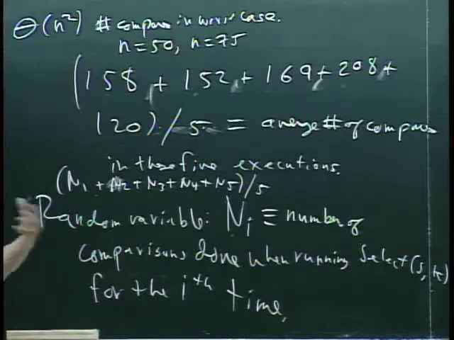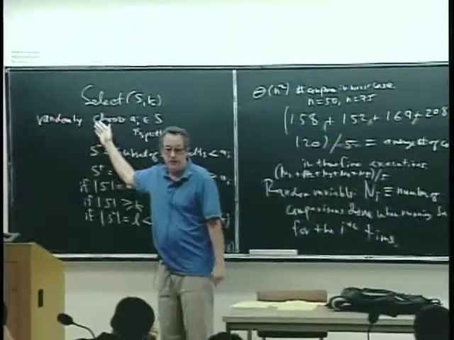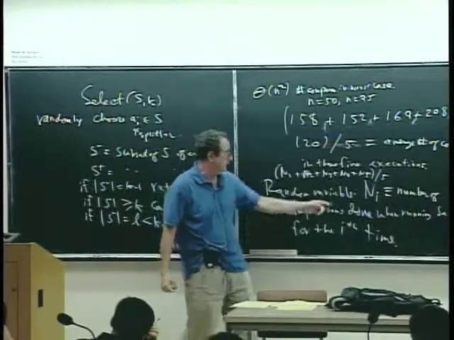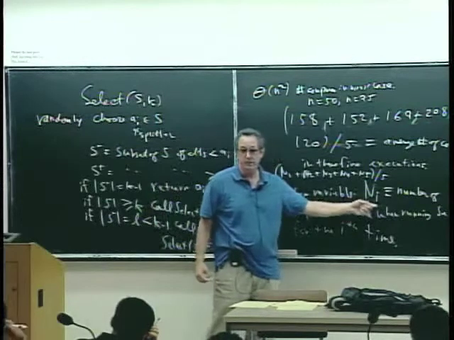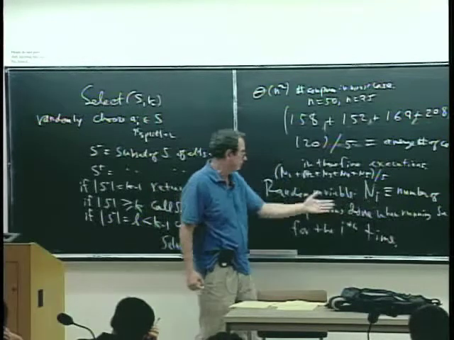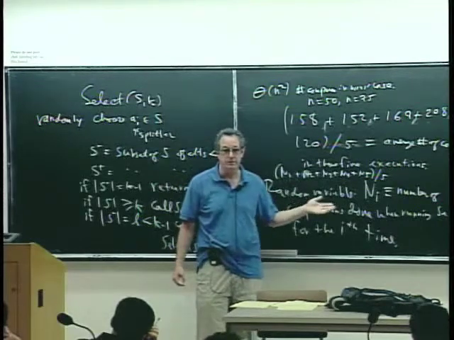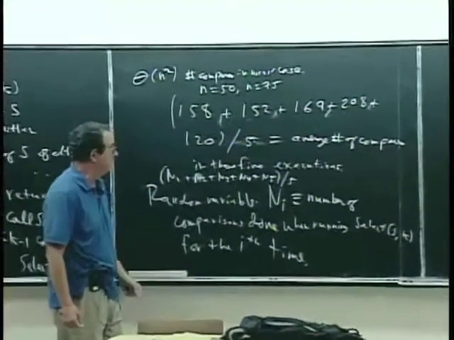That's my informal definition of a random variable. Since in this algorithm we have this random selection, and ultimately when you run it some number of comparisons are done, Ni is a variable that gets a value determined by some process that has a random component in it. So it's a random variable.